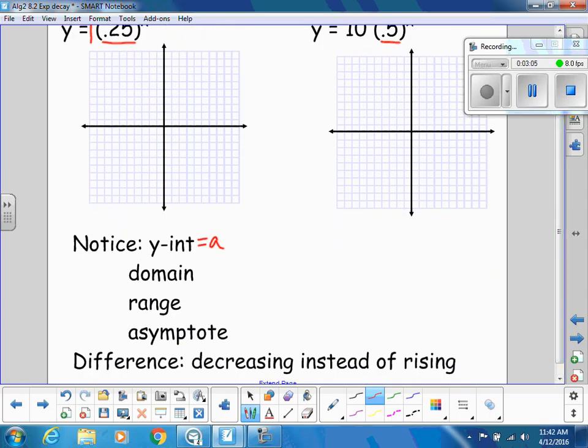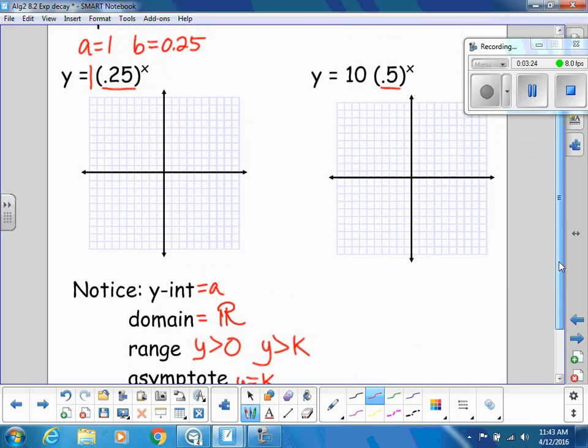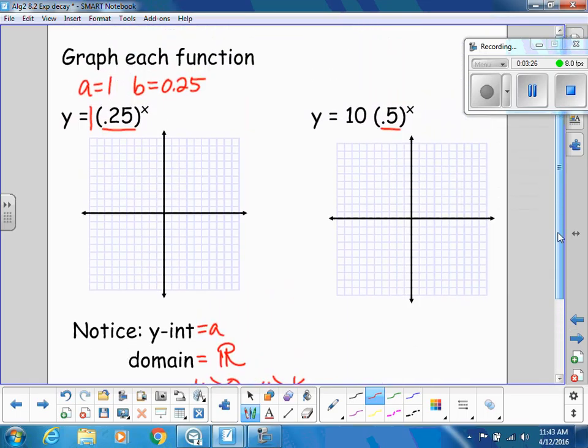My domain is still going to be all real numbers. My range is still going to be greater than 0, or if we had a k value, greater than k. And my asymptote is going to be whatever my k value is. The only difference is it's going to be decreasing instead of increasing. It's going to be falling instead of rising.